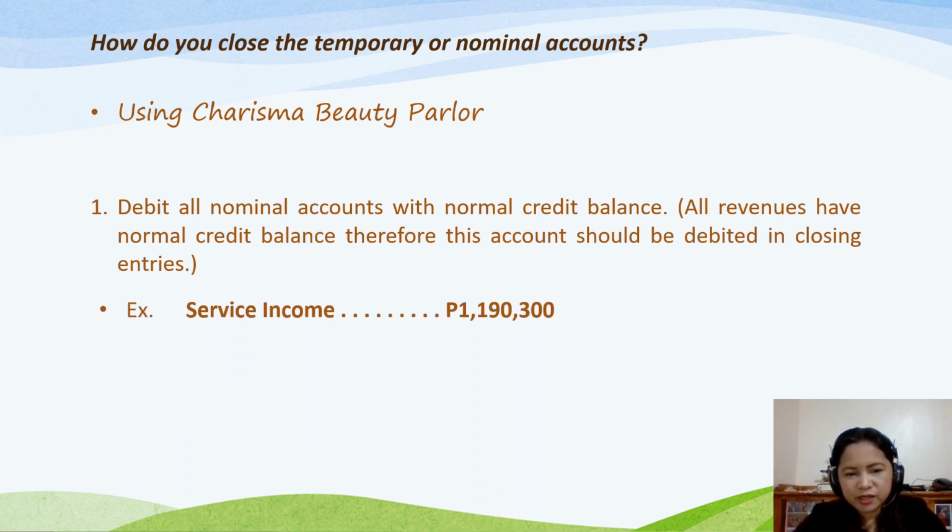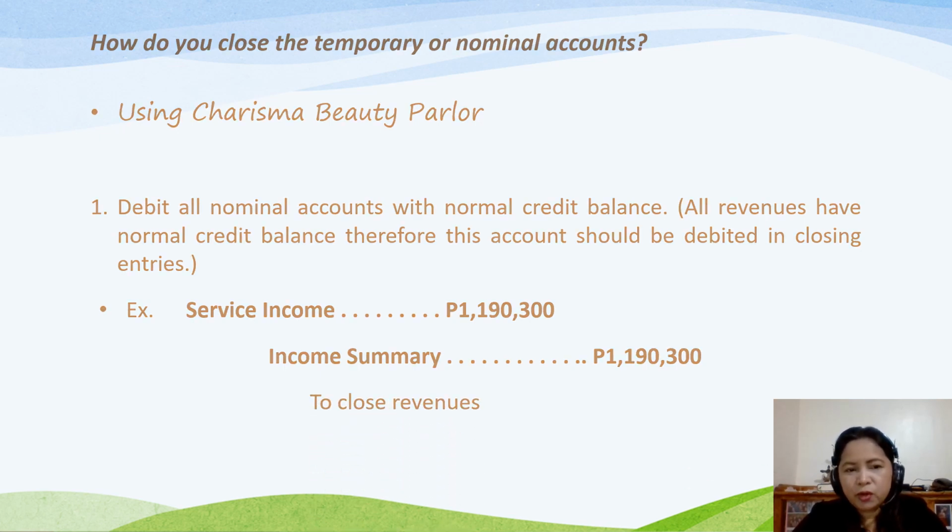So debit service income 1,190,300 and credit the income summary 1,190,300. So income summary is another temporary or nominal account which only appears during closing entries, and then later on it shall be closed to 0 also depending on its balance, whether credit or debit, and it is closed to capital.